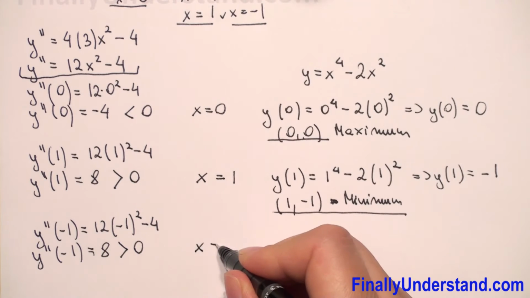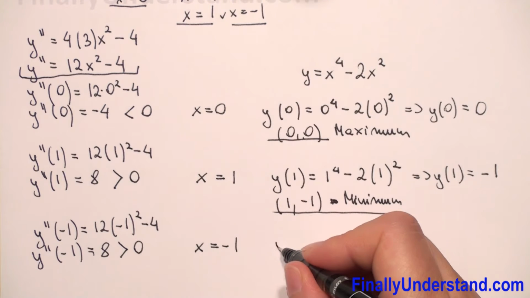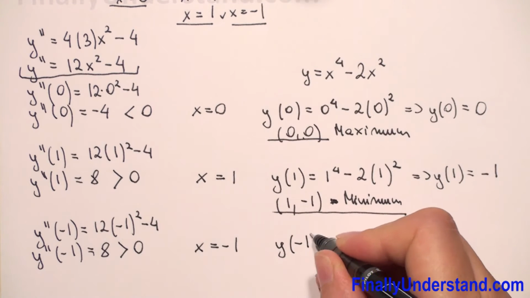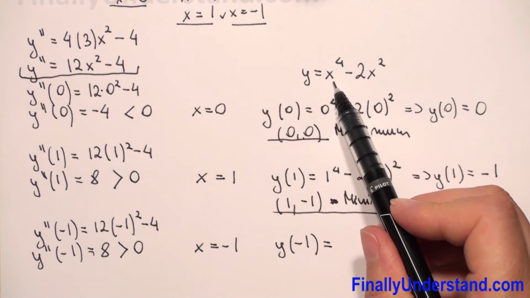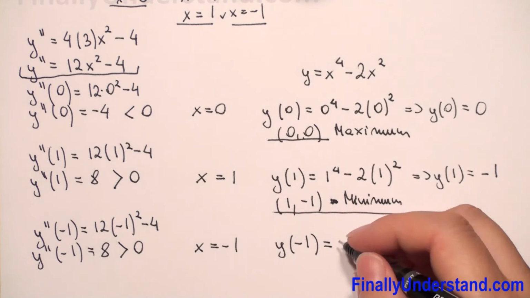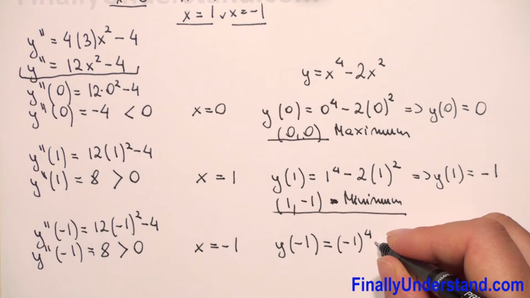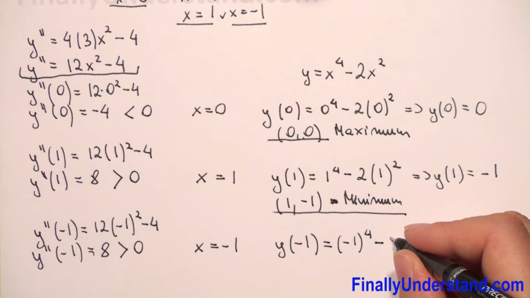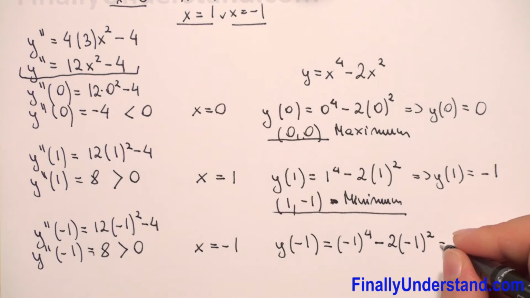So we have x equals negative 1 and we have to calculate this point. y of negative 1 is equal to, now we will replace x by negative 1. So it will be negative 1 to fourth power minus 2 times negative 1 to second power.